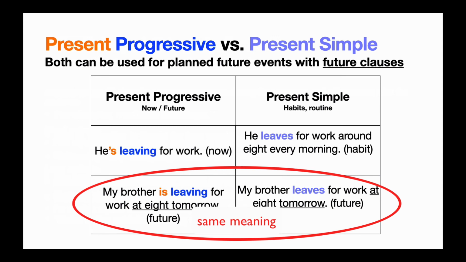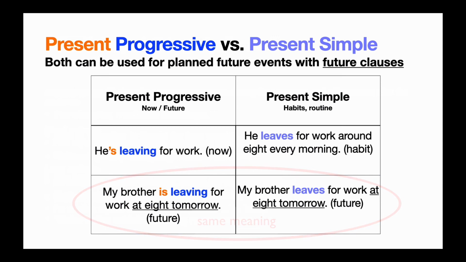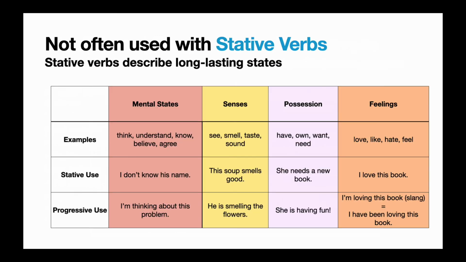I know that's a little confusing because the verb tenses are called present and we're talking about the future, but we use a lot of different verb tenses to talk about the future with these future clauses like this, at 8 tomorrow.